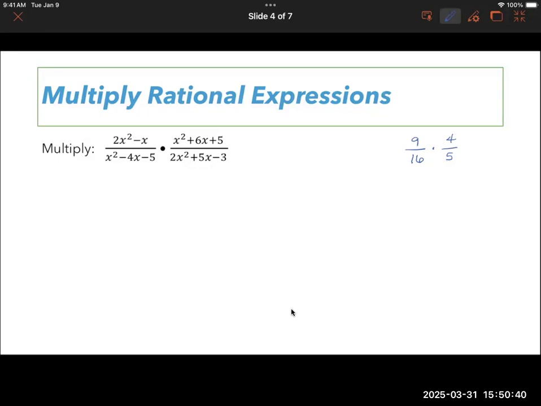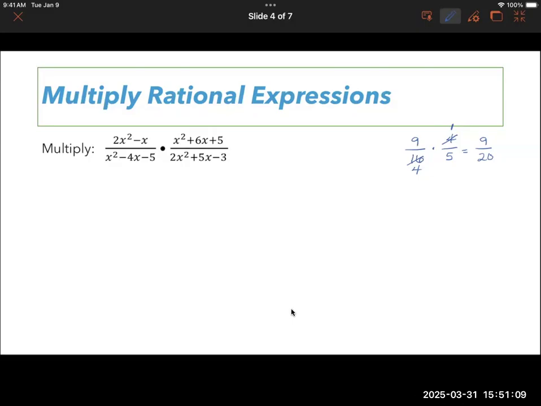So here we would see that we have a 4. 16 also has a factor of 4. Divide 16 by 4, we get 4. Divide 4 by 4, we get 1. 9 and 5 do not have any common factors, so now we can do our multiplying across. 9 times 1 would be 9, and 4 times 5 would be 20. And by doing the cross canceling, the result that we get should already be simplified.